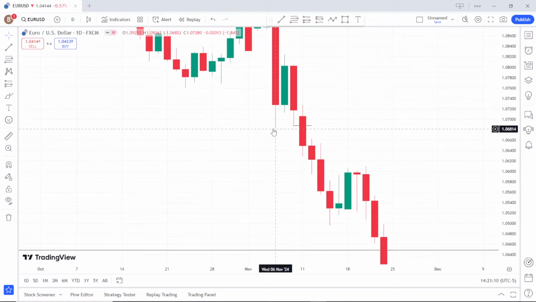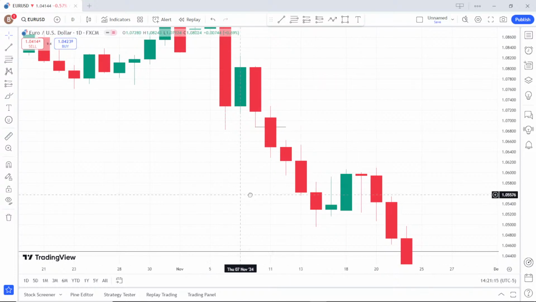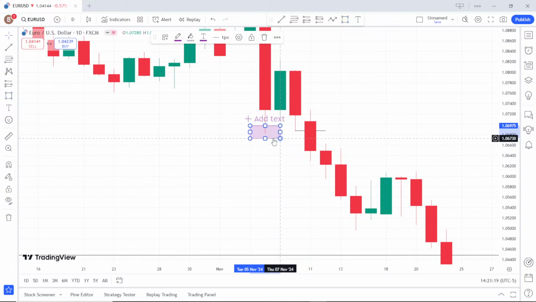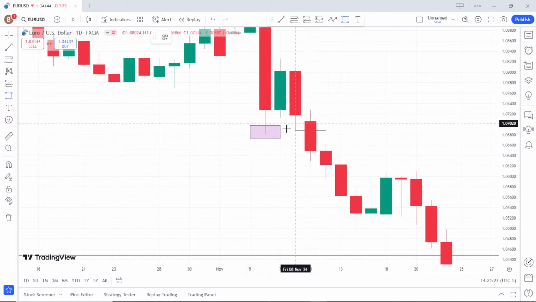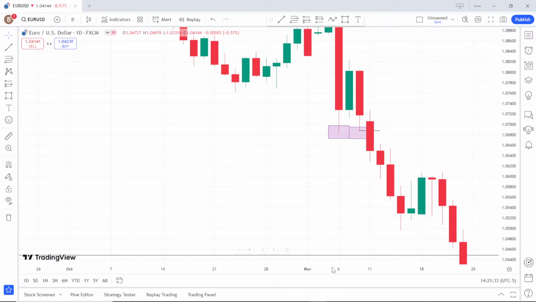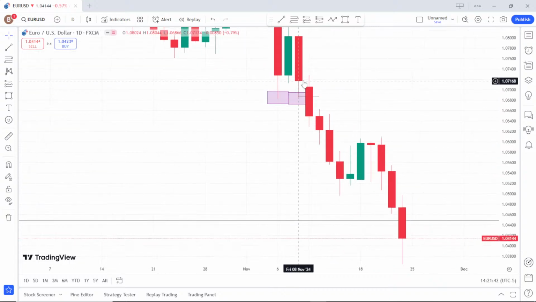And then looking a bit to the left hand side, there are equal lows as of this point. Equal lows. These two. They are equal lows. Our weekly trend is let's go down all the way here.